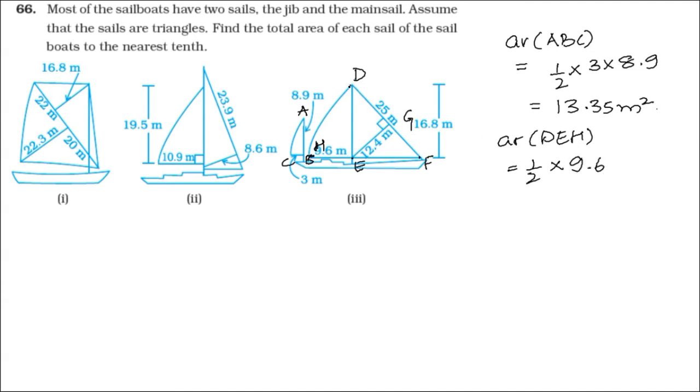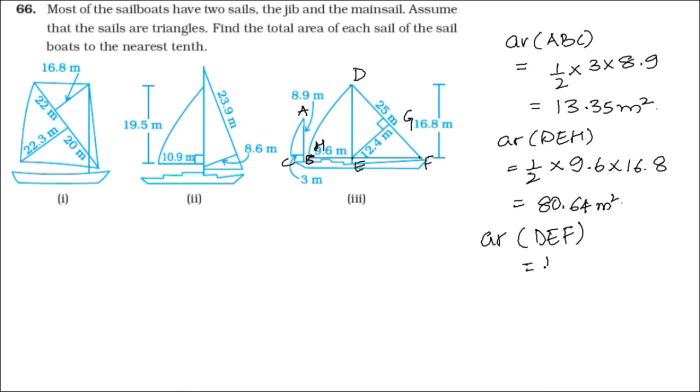Height is from here to here. They have given the height as 16.8. Let's simplify. It is 80.64 square meters. There is one more triangular part. The triangular part is DEF.